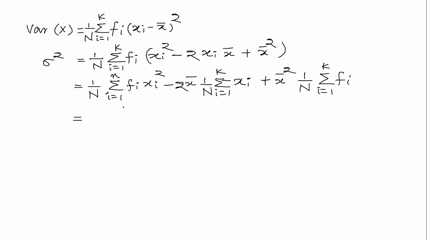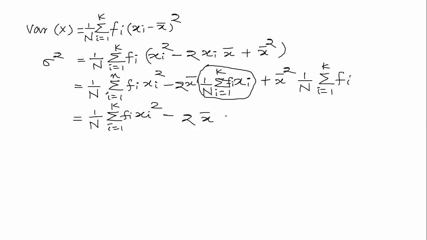So constant can be written outside or inside, it really doesn't matter. There is no change in term 1, and then minus 2 into x bar. We know that summation fi into xi upon capital N is nothing but x bar, plus x bar square times summation fi, means sum of all the frequencies, and that is N.